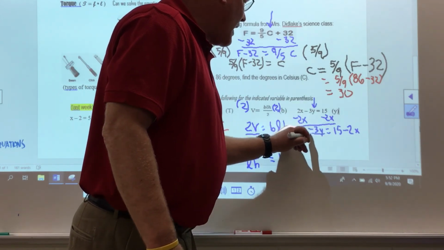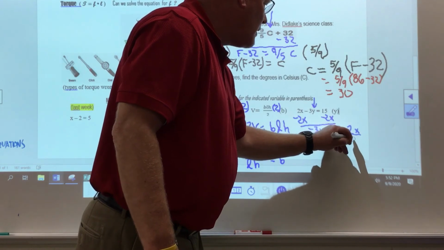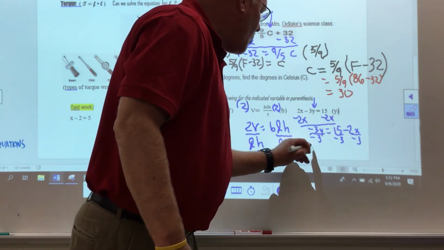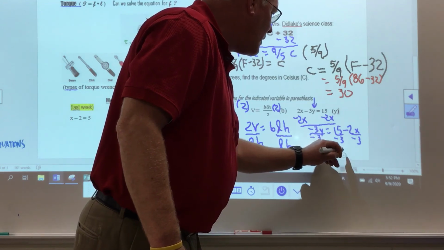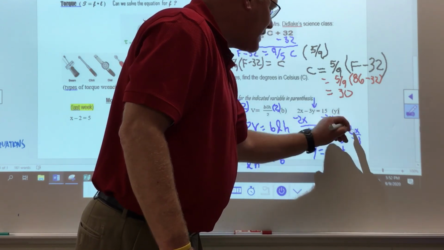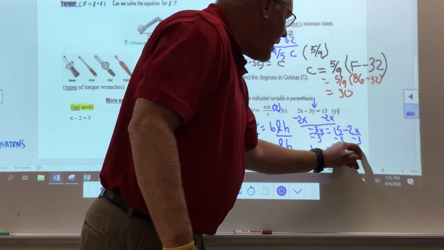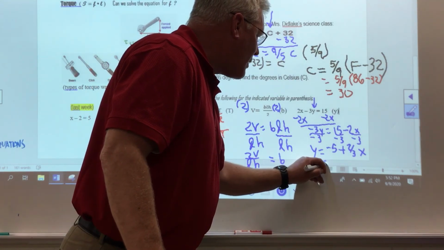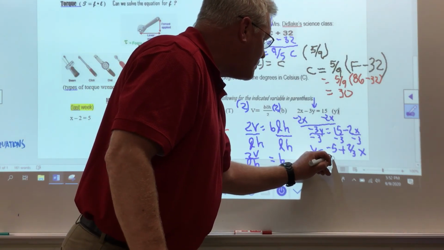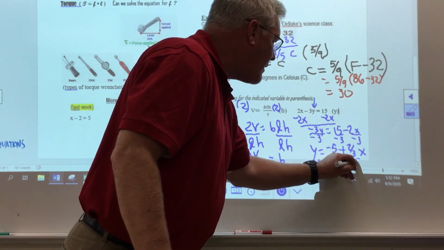And then we can divide everything by negative 3. And we get y is equal to negative 5 plus, because that's a negative divided by a negative, 2/3 x. Now I might rewrite that this way. I'm going to use the commutative property and write y is equal to 2/3 x minus 5.